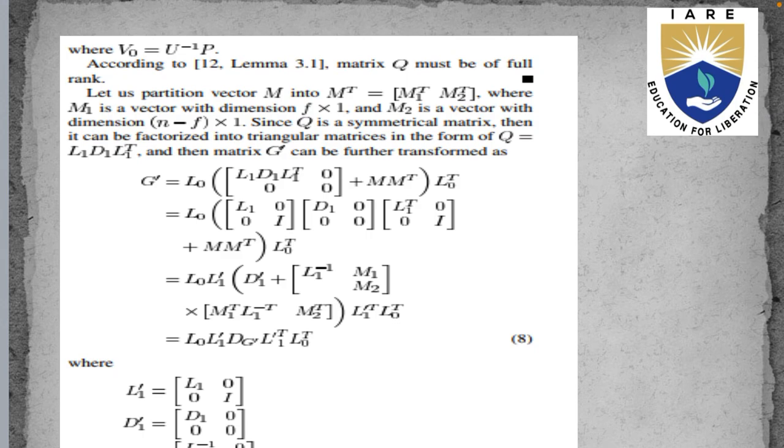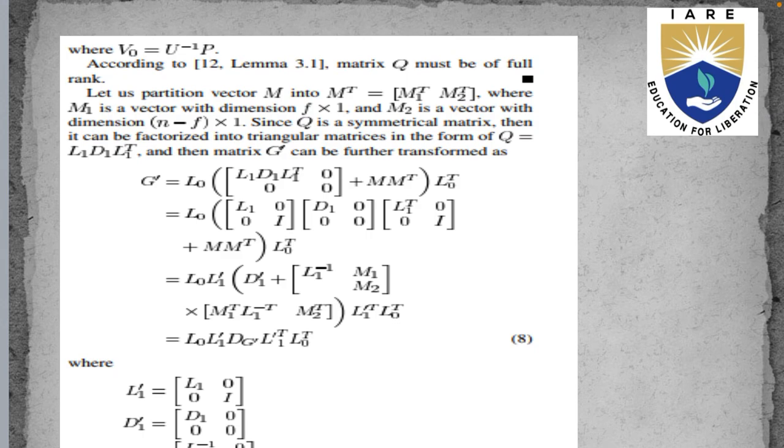Let us partition vector m into m^T = [m1^T, m2^T], where m1 is a vector with dimension f by 1 and m2 is a vector with dimension n minus f by 1.